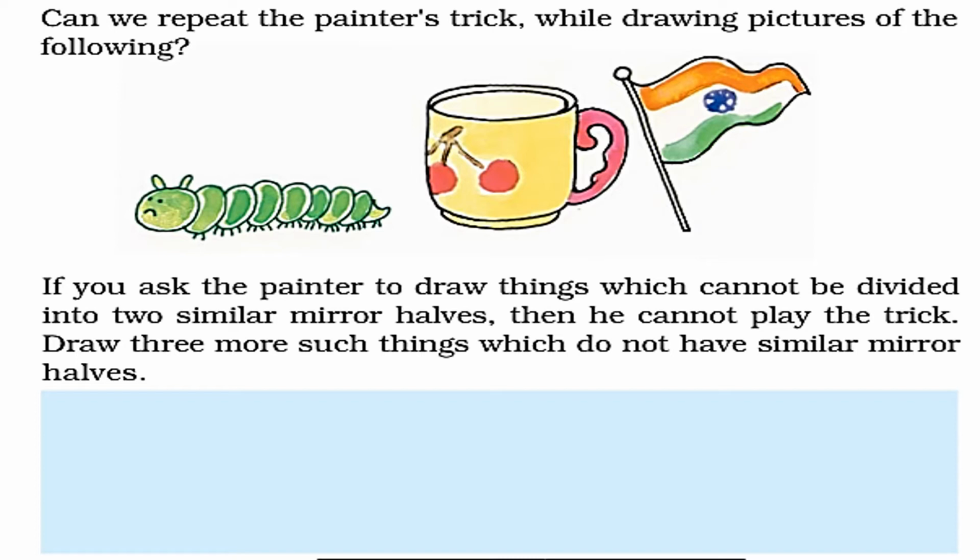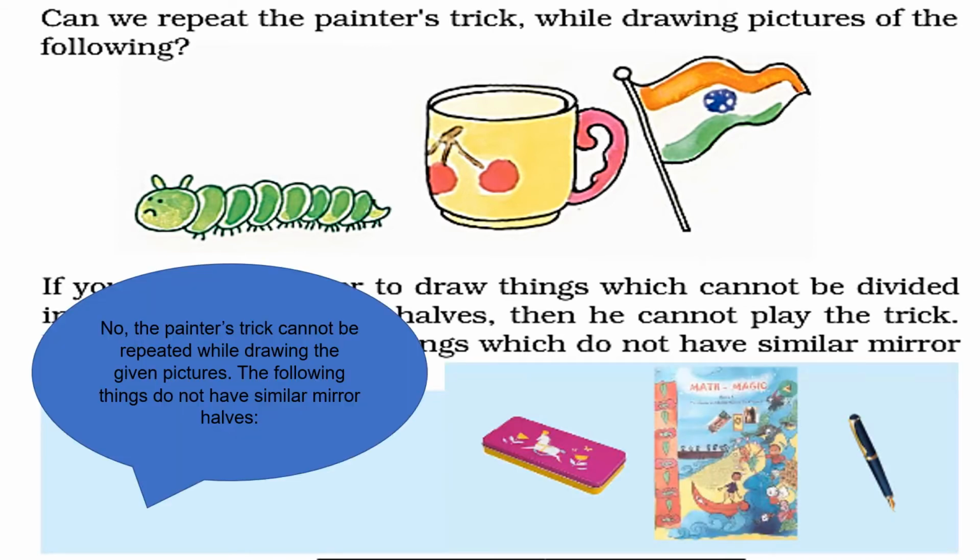So children, the caterpillar, the cup, and the flag, we cannot use the painter's trick to draw these pictures because they do not have identical mirror halves. In the same way, children, the pictures here like the box, your book or a pen, we cannot apply painter's trick to these pictures because they do not have similar mirror halves.